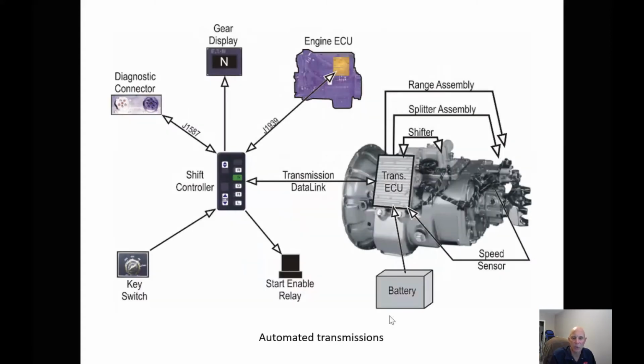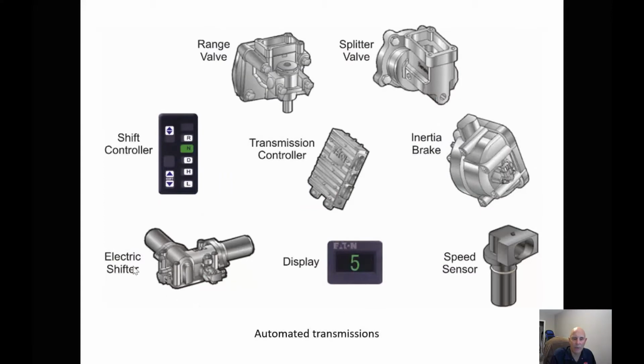So the computer controls all of that. So we'll have 2 shift motors that are controlled by a Hall effect sensor, so it knows exactly where in space that shifter knob is.